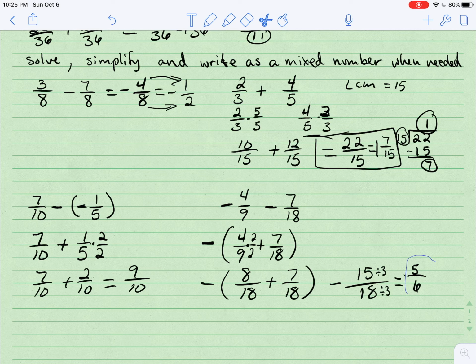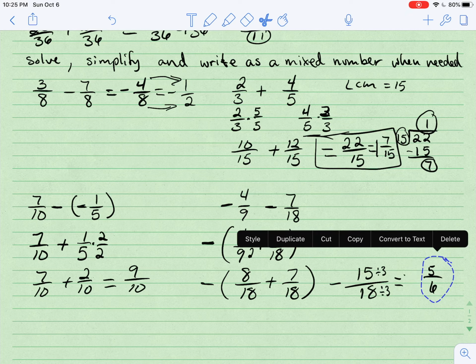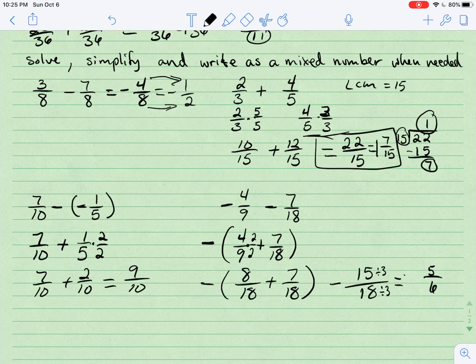And that is a negative number, so make sure to make that negative. All right, and that is adding and subtracting fractions. Make sure you have a common denominator, and then you just add the numerators or subtract the numerators and keep the denominator.